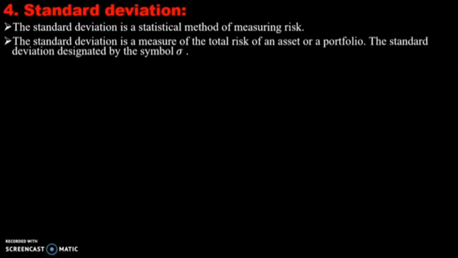We know higher risk means higher return and lower risk means lower return. So every investor has to know about his investable fund and return, and before his investment he must measure the investment risk.